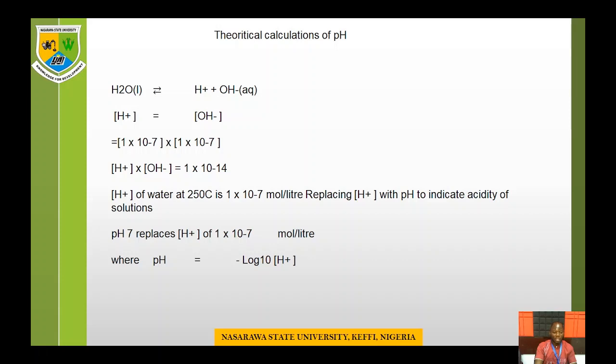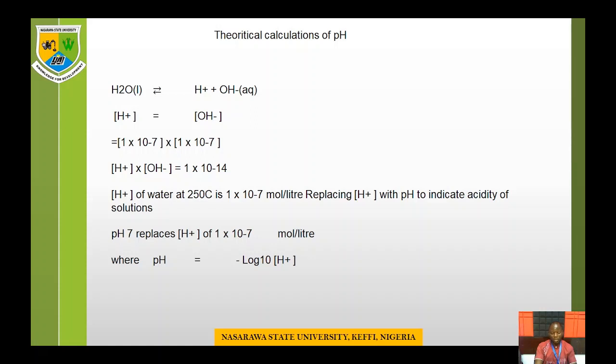So 1 times 10 raised to the power minus 7 for the hydrogen ion multiplied by 1 times 10 raised to the power minus 7 for the hydroxy ion will give a total of 1 times 10 raised to the power minus 14. So hydrogen ion produced from water at 25 degrees centigrade is 1 times 10 to the power minus 7 mole per liter.